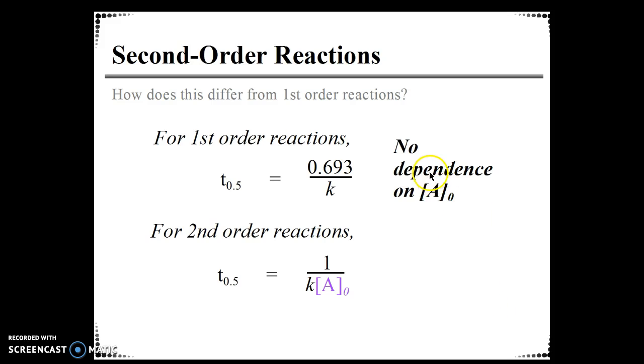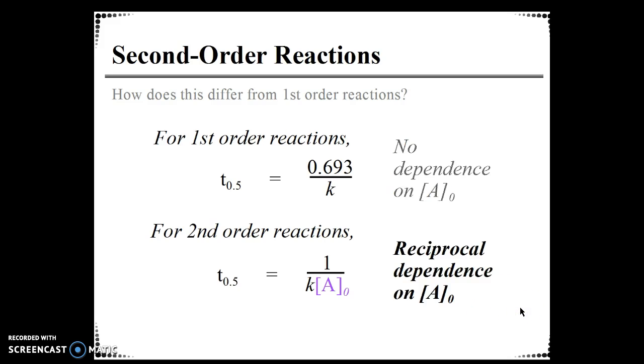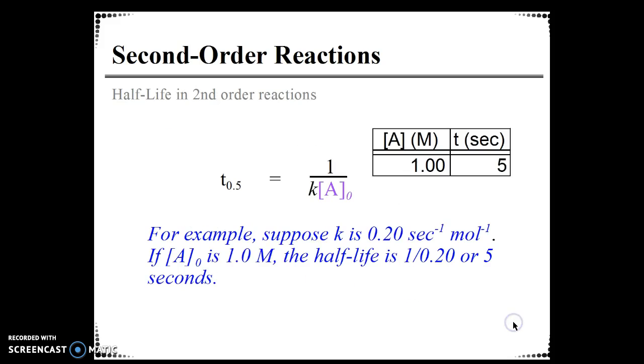Well, there is no dependence. The half-life is 0.693 divided by the rate law constant. But for second order reactions, it's 1 over the rate law constant times the initial concentration of the reactant. There is a reciprocal dependence of the half-life on the initial concentration of the reactant.